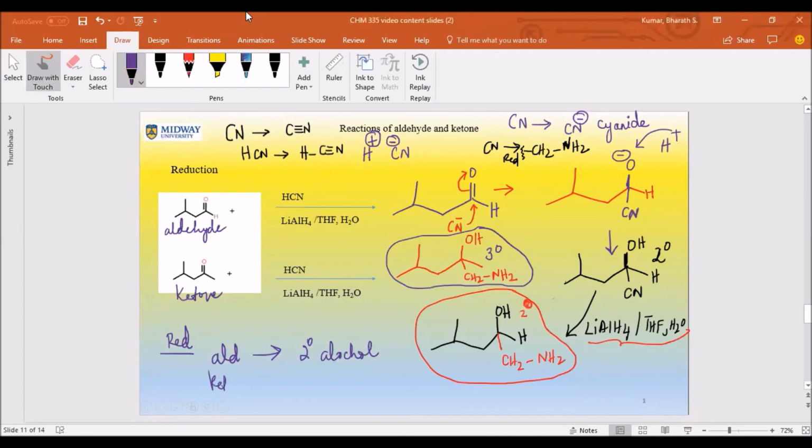If you start with a ketone, you end up with a tertiary alcohol. Now, NH2 is an amine. I will come back and discuss more about amines because those are my next two reactions on the list. So this is how you reduce an aldehyde or ketone in the presence of HCN and lithium aluminum hydride. Stay tuned for a couple more reactions.